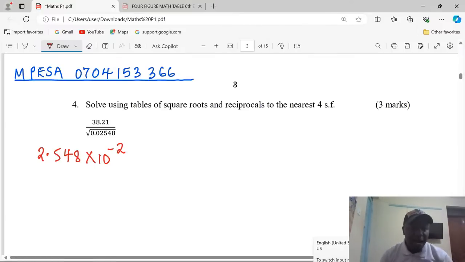This is the number whose square root is being determined.